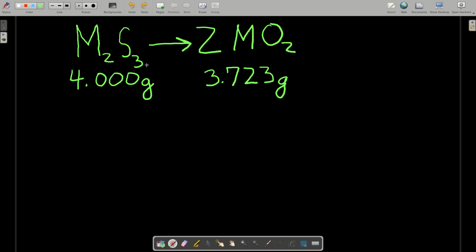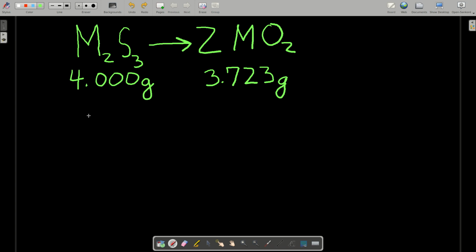The other thing is, see this subscript here, there are 2 M's in one formula unit of this compound, and there's 1 M in MO2, so for every one of these that oxidizes and forms the oxide, you make 2 of these. So 1 mole of M2S3 makes 2 moles of MO2.